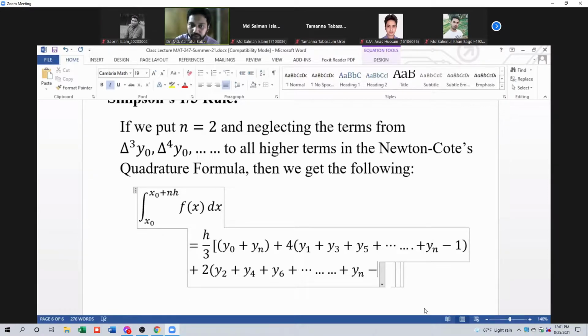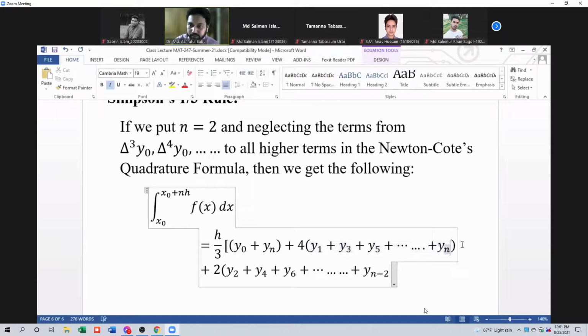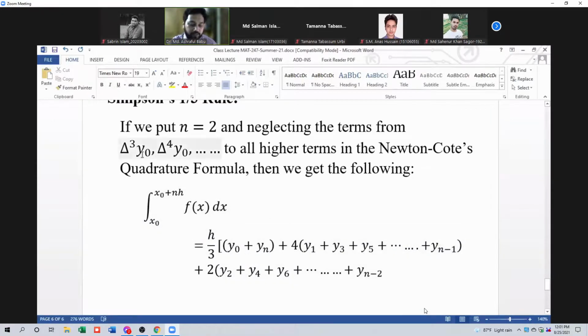Sorry, that is for the even terms. So this is the Simpson 1/3.